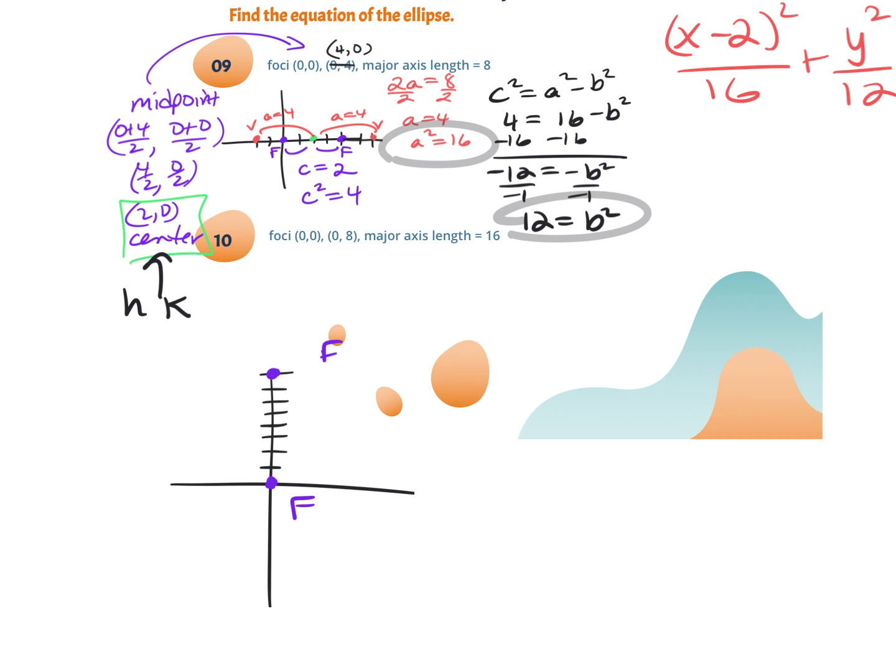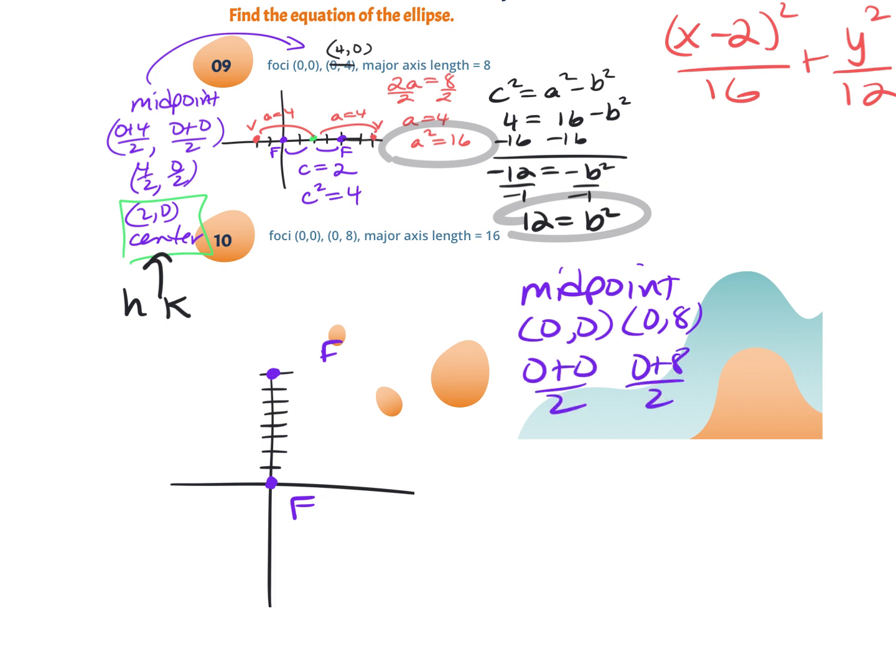So again, you can choose to do the midpoint to get the center using 0, 0 and 0, 8. So 0 plus 0 divided by 2, 0 plus 8 divided by 2, 0 over 2, 8 over 2, 0 comma 4. This is the center.